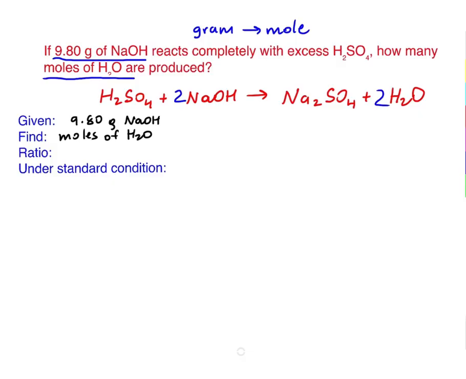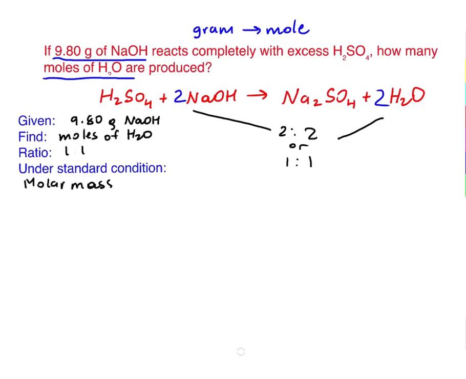The ratio between NaOH and water is 2 to 2. But we can also write it as 1 to 1. We just divide both sides by 2. Just make sure we simplify it. But even if you write just 2 to 2, it won't matter, because you just divide them by each other, and it's going to be 1.